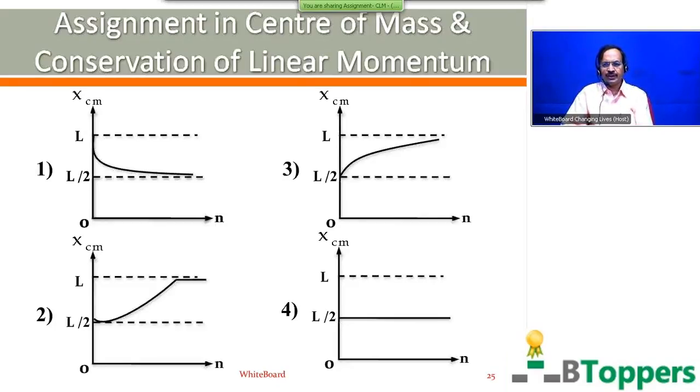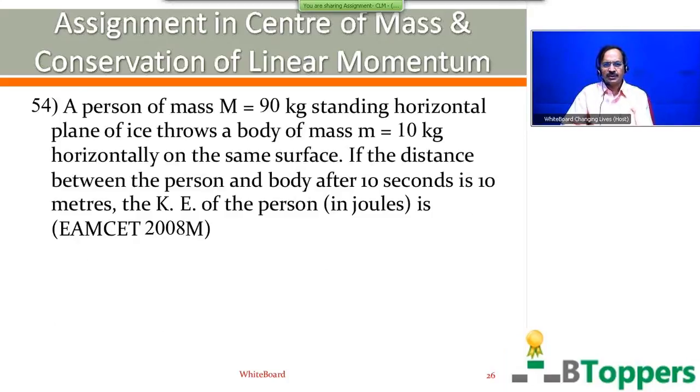I am going to show the next question on screen. See the question number 54. A person of mass capital M equal 90 kg standing on a horizontal plane of ice throws a body of mass small m equal 10 kg horizontally on the same surface.